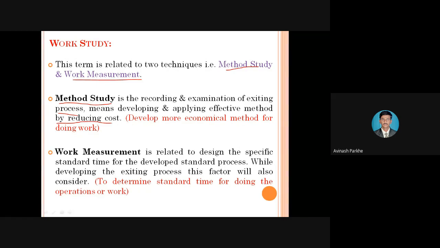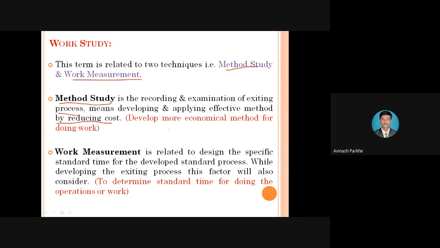Recording means whatever existing process is already available, we have to focus on this existing process and go for the examination. If any problems are there in that existing process, we examine it, and whatever unnecessary operations are there, we eliminate them. That means we have to develop a new and effective method by reducing the cost.